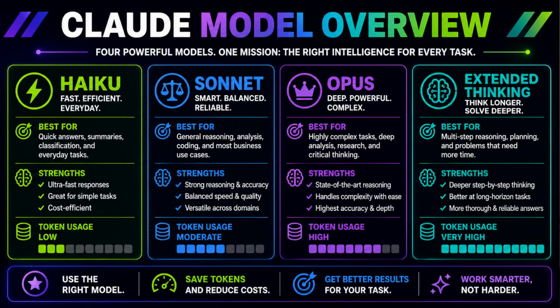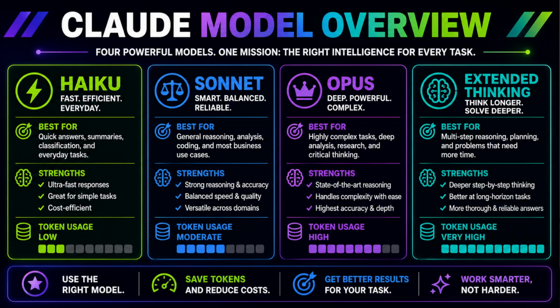So, here's the practical framework. Next time you open Claude, before you type your prompt, ask yourself, do I need speed or do I need reasoning? If it's speed, Haiku. If it's everyday work, Sonnet. If it's complex analysis, Opus.